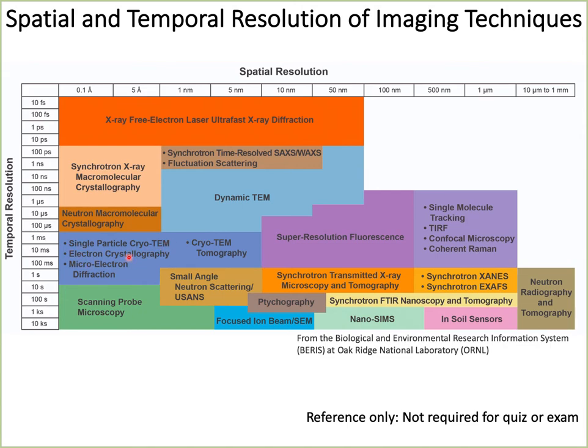You can see that single molecule or particle cryo-TEM can go to atomic resolution of 0.1 angstrom, close to X-ray crystallography and other techniques, which were more advantageous for many, many years, although they're very difficult techniques. But you can see that electron microscopy can almost compete with all of these techniques.